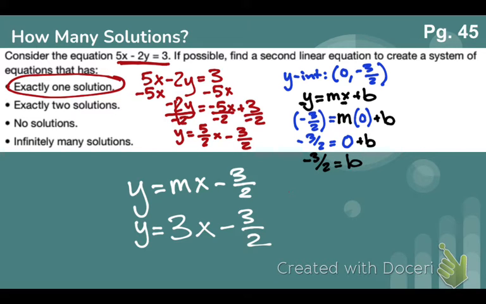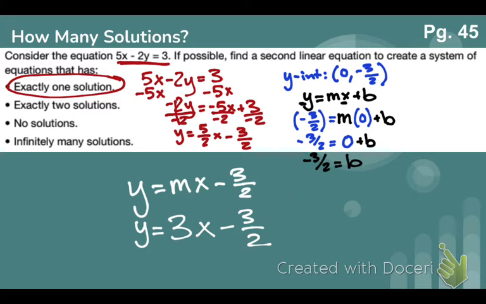We see it's crossing at that -3/2. And so we put 3x minus 3 over 2. That's only going to cross once. So our slope could be just about anything.